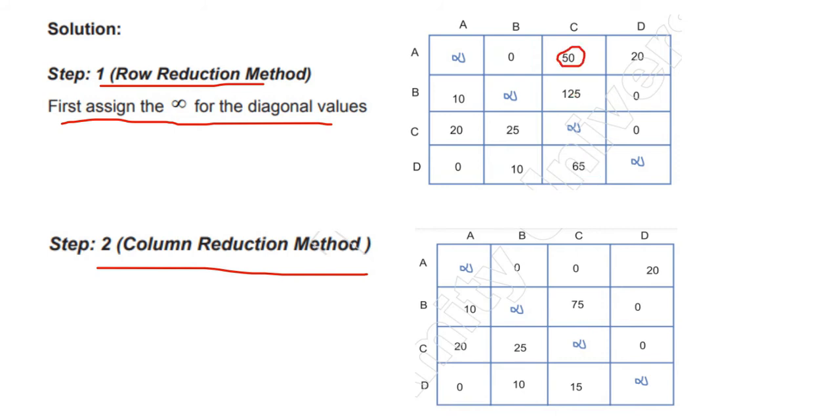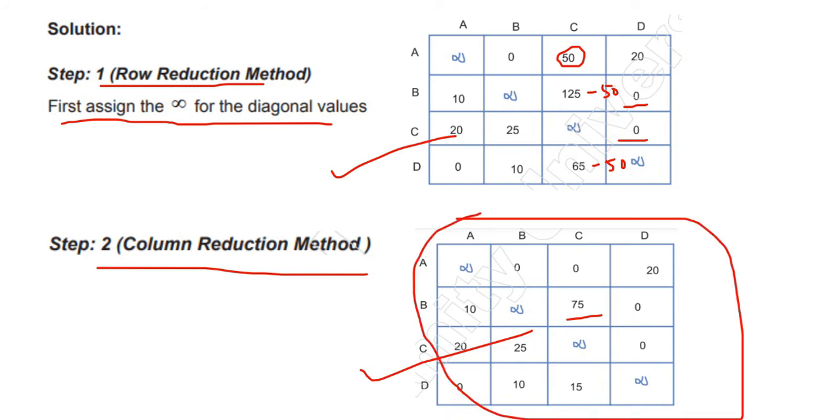Therefore, we'll subtract 50 from all the other digits, which is 125 minus 50 and 65 minus 50, which is 75 as well. Now, in D, we have 0 as the minimum, therefore it will remain the same. So this is row reduced as well as column reduced. Now we will take this matrix to proceed further.